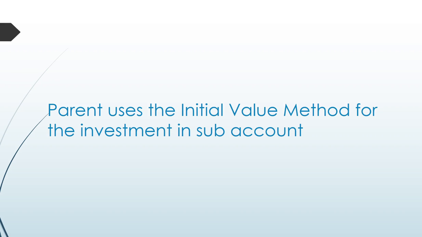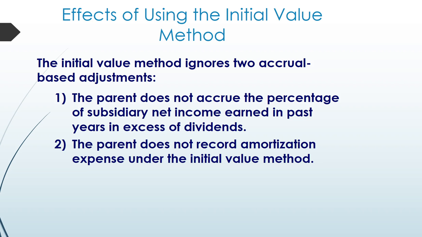Now, what if instead the parent had been using the initial value method for the investment in sub? Well, here's the thing you have to remember: that means the investment would still be showing a balance of $800,000. So what do we need to do? Well, we have to do what we call entry C, because the initial value method ignores 2 accrual-based adjustments.